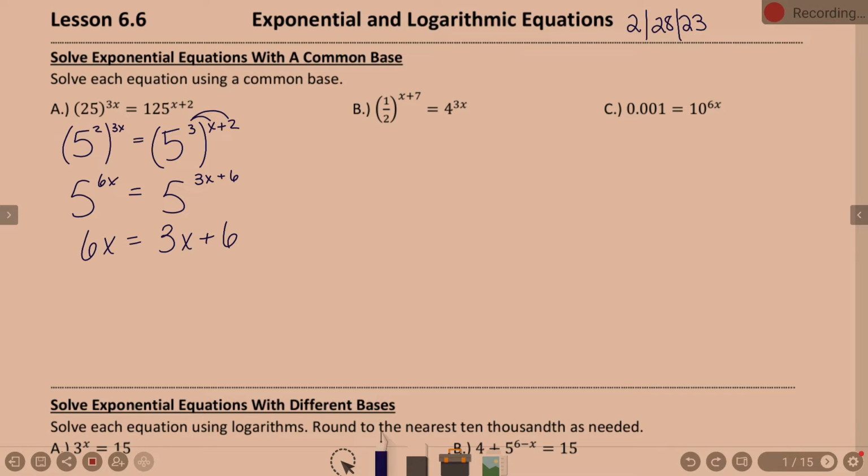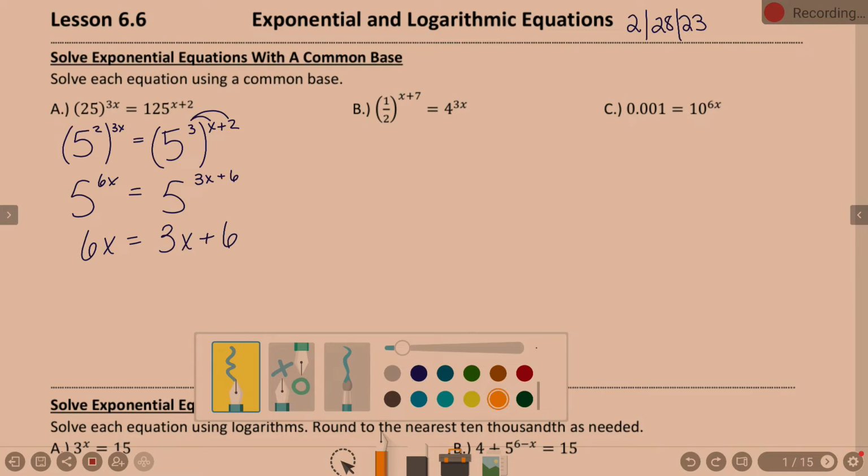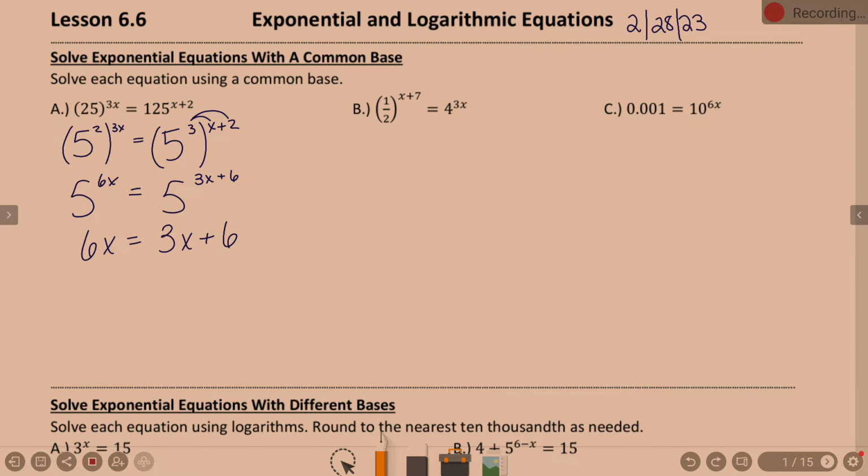How do we solve? Basic solving, right? If we want to get our x's together, subtract the 3x over. 6x minus 3x is 3x equals 6.